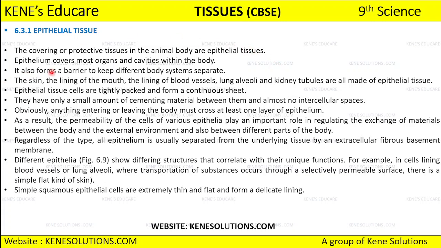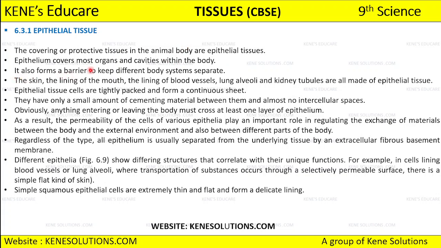Okay. Now this epithelium covers most organs and cavities within the body. Now there are many organs in our body. We have many organs and many cavities present within our body, right? So epithelium is the one that covers most of the organs as well as cavities present in our body, because all the organs and cavities inside our body need a covering, right?